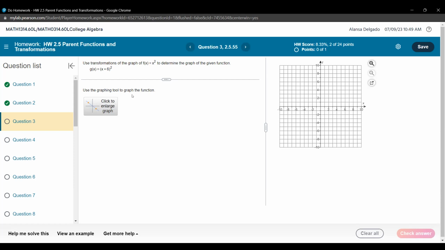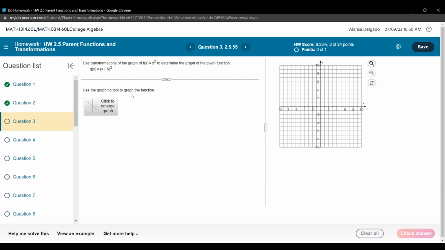When x is negative 6, then g of x will be 0, and if it's not negative 6, then g of x will be positive. The vertex, it's where it changes direction, is going to be negative 6, 0.